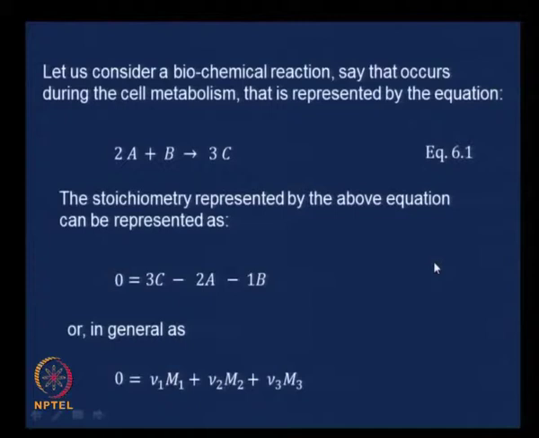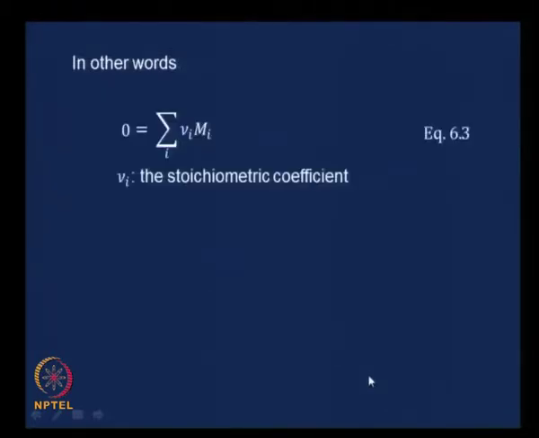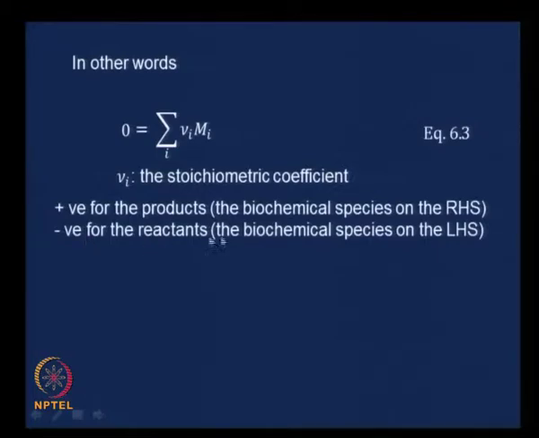The coefficients on the right hand side we are going to take as positive, and the coefficients for the reactants on the left hand side we are going to take as negative. So that works well here: 3C was positive, minus 2A reactant negative, minus 1B reactant negative.